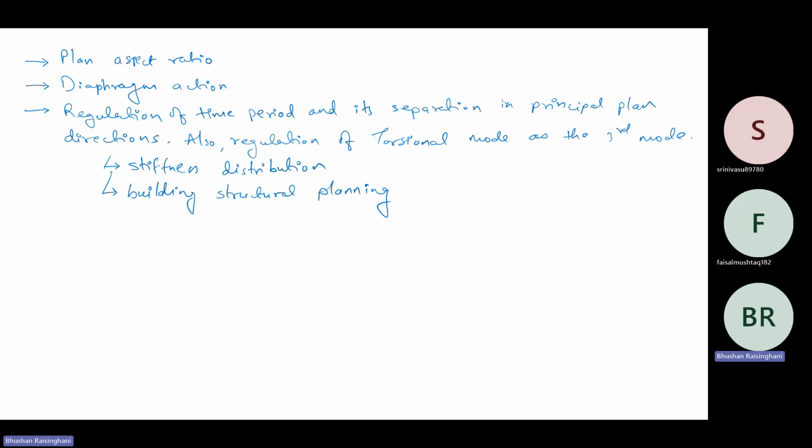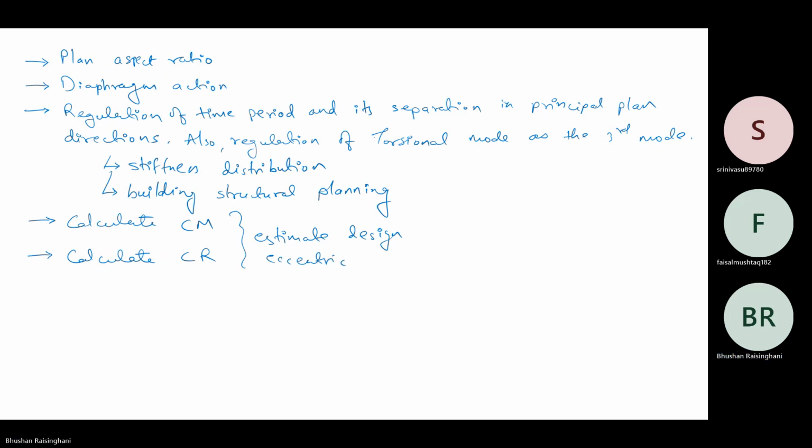Two segments are very critical in this. Once that is done, you will calculate the center of mass, then you calculate the center of rigidity. From that, you estimate the design eccentricity, which we call EDI. Positive and negative, both eccentricities you have to consider.